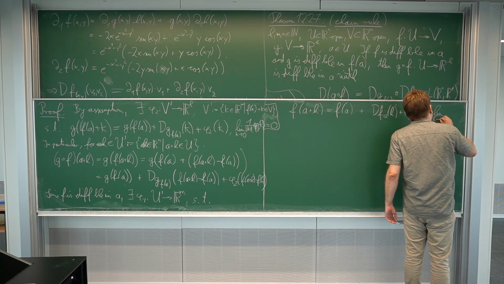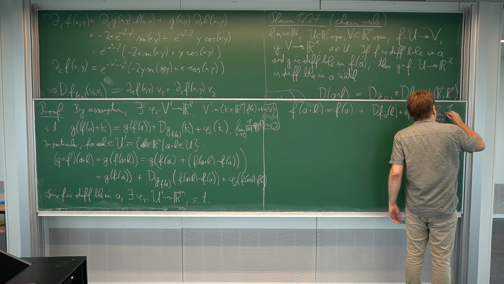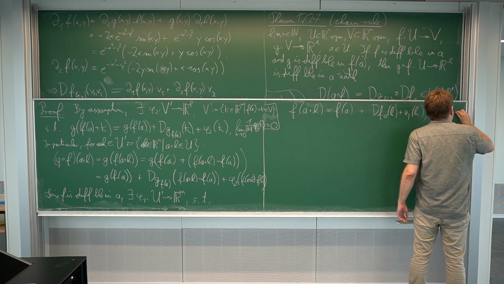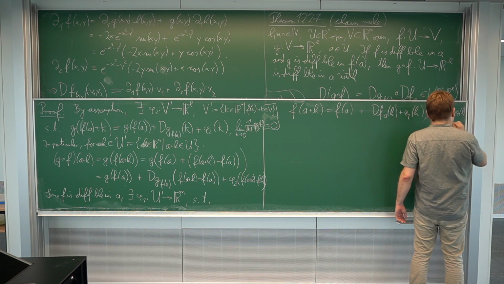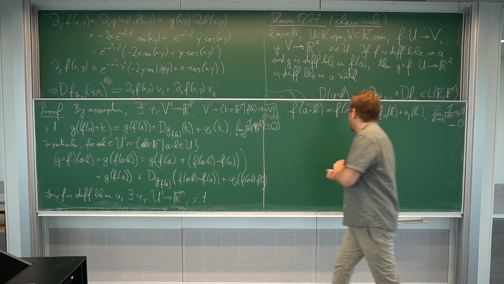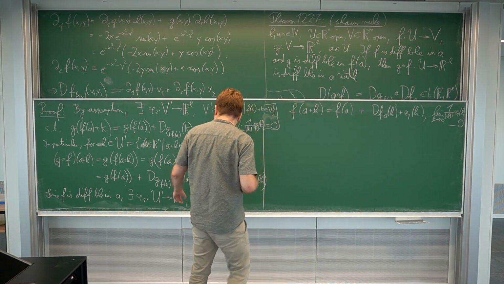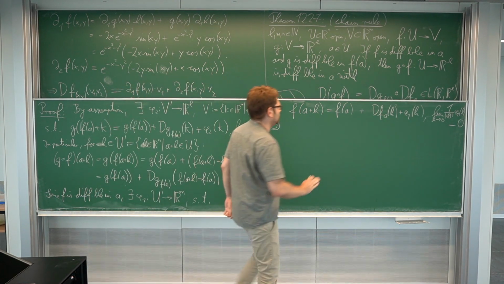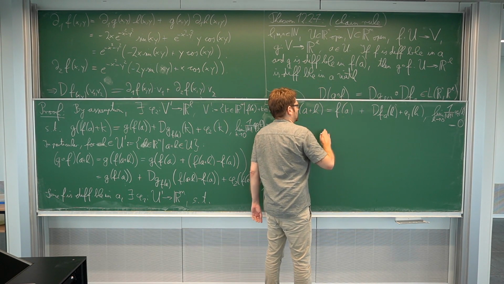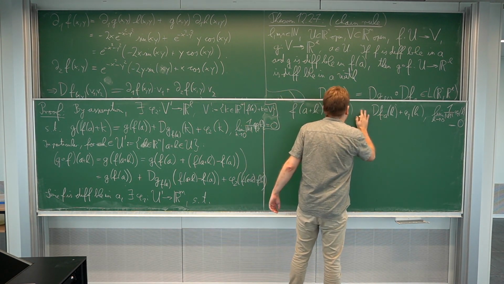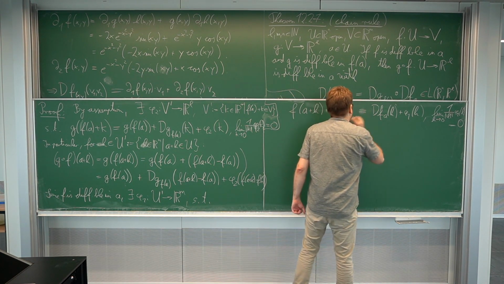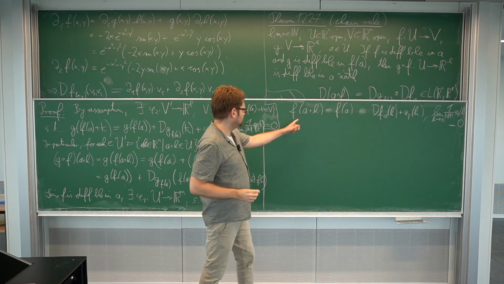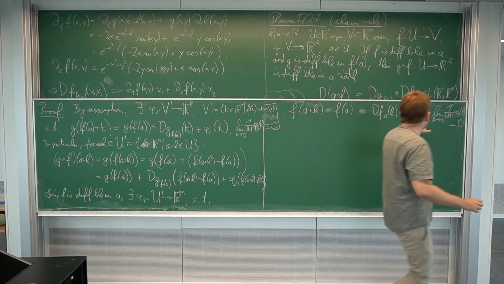So the limit as H goes to 0 of 1 over the norm of H times phi 1 of H is 0. Okay, this is what we have. And just to see how we can use this, we see that this difference also pops up there. Namely, if we subtract F of A on both sides, then it would look like this. And so this difference here can be replaced by that.